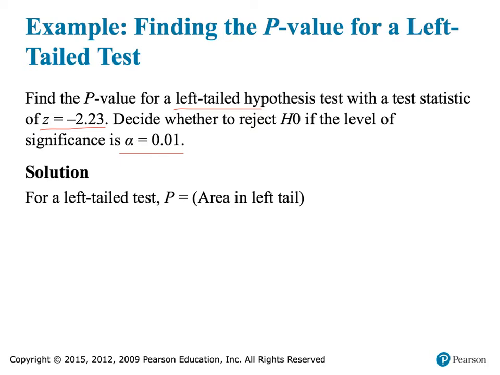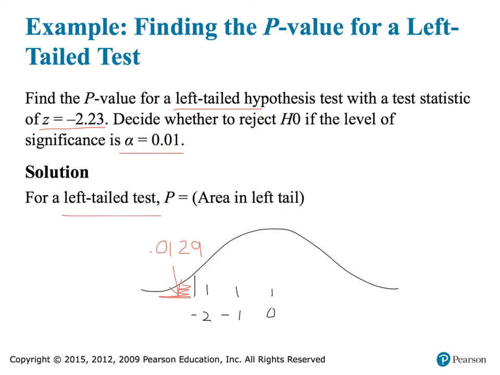So if you go and find -2.23 in your table, what you see is a z of -2.2, and then 0.03 would be right about here, which has an area below it equal to, according to our table, 0.0129. We're doing a left-tailed test, so that's exactly what we want for our p-value.